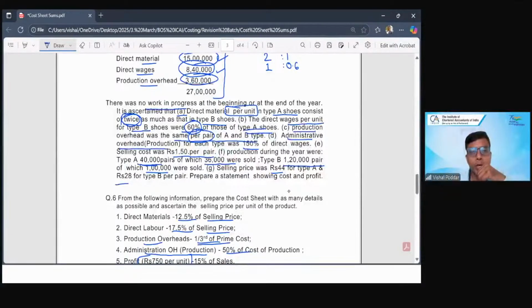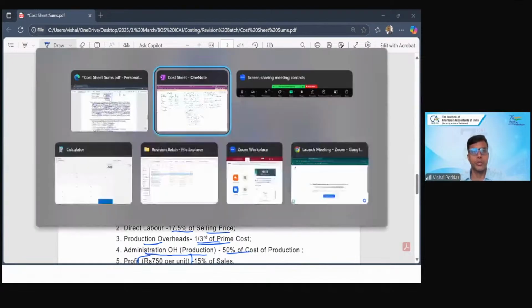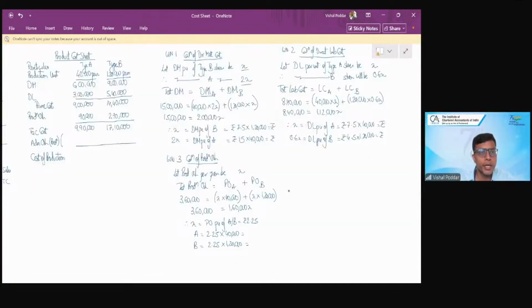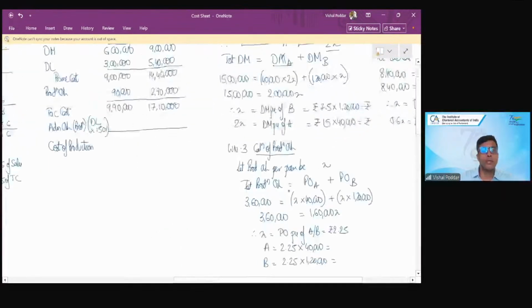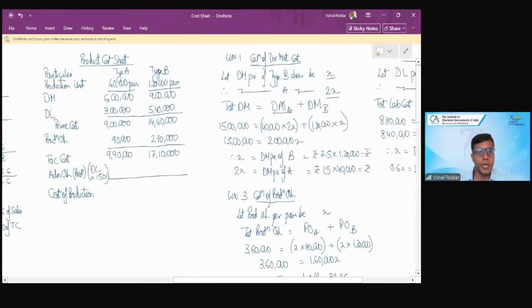Administration, which is related to production for each type, is 150% of wages. So this is easy. I have to simply take direct labor multiplied by 150%. My direct labor is 3 lakhs. Okay, let me show the working here.